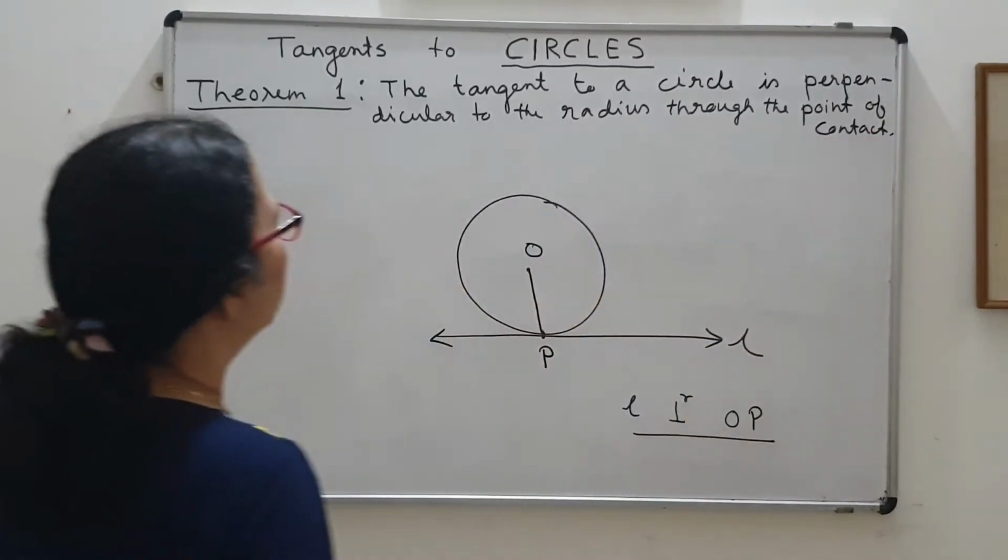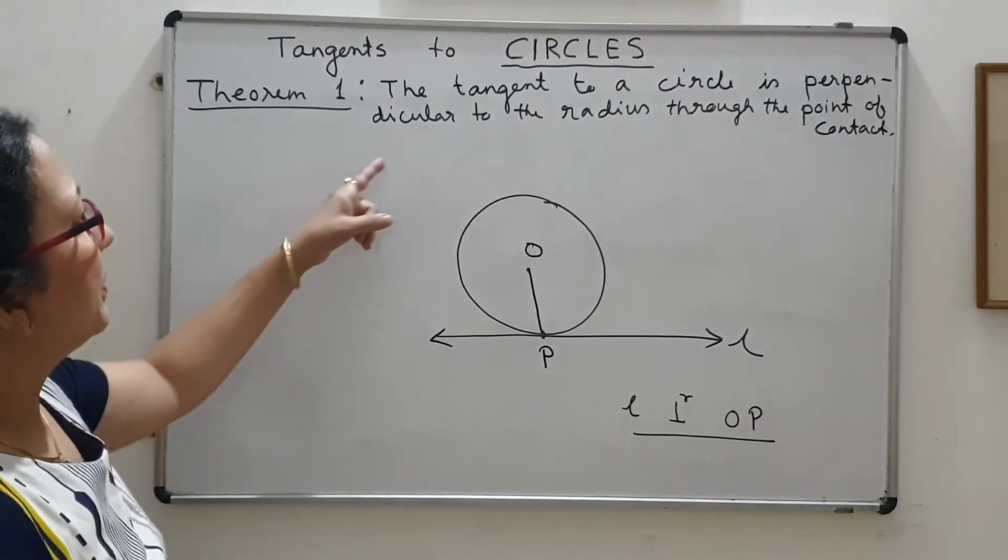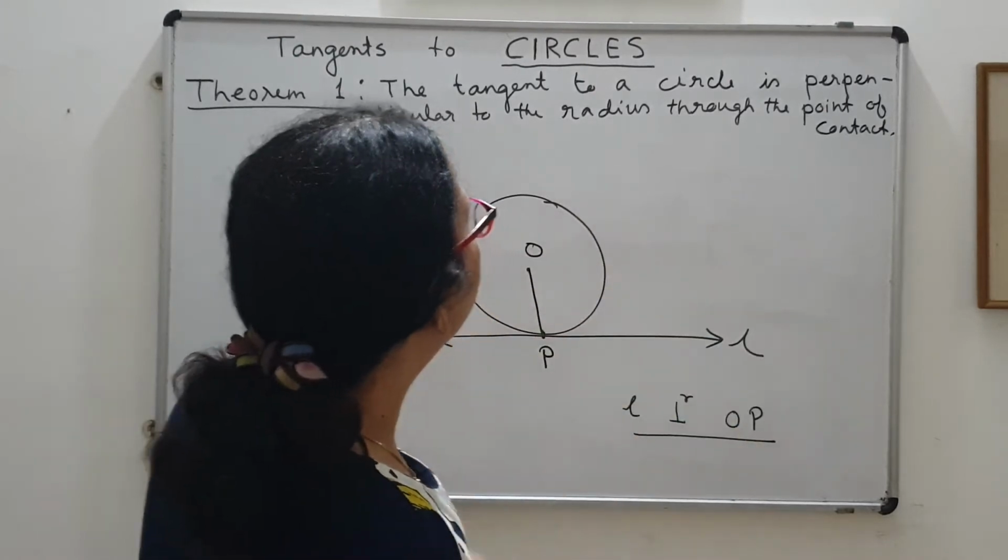So this is the statement. The tangent to a circle is perpendicular to the radius through the point of contact.